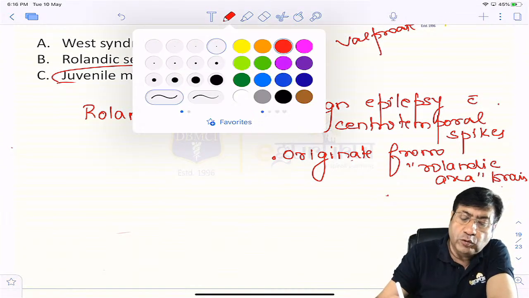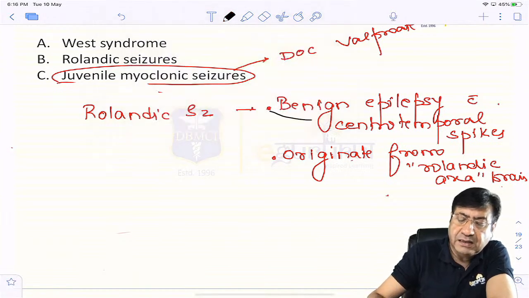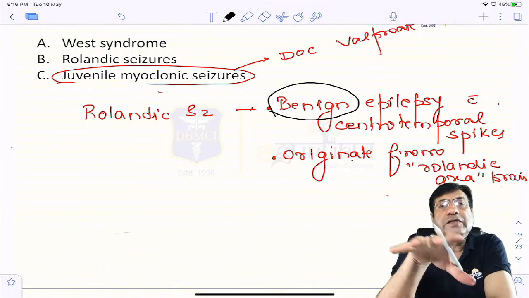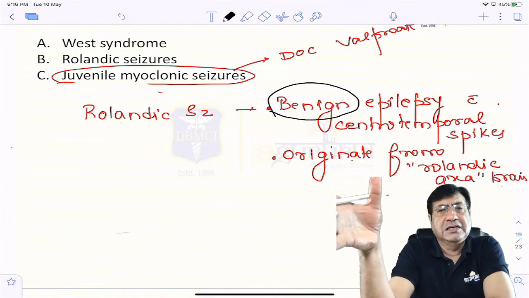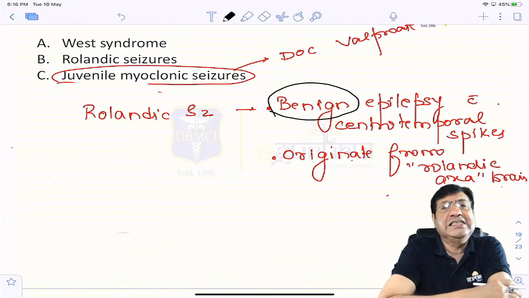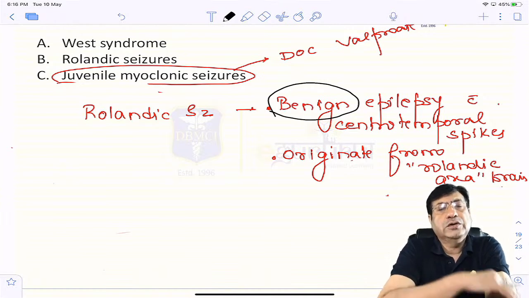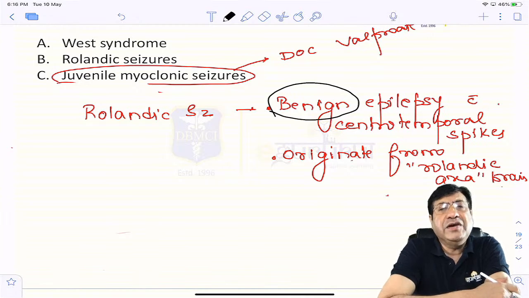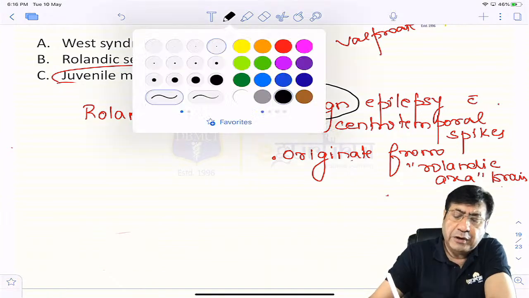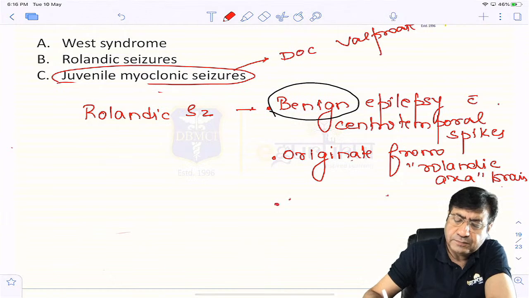Another thing that you might have noted here is the term benign. So most of these seizures are known to occur somewhere around 1 to 12 years of age. By adolescence, most of these seizures stop. So they stop on their own, and do not require usually any treatment after 12 years of age, because most of these seizures usually stop by the adolescent period.